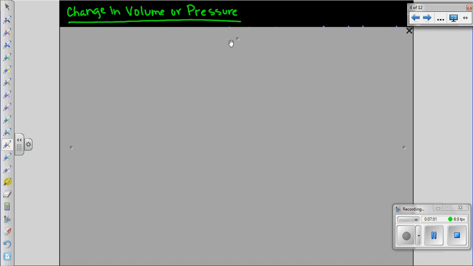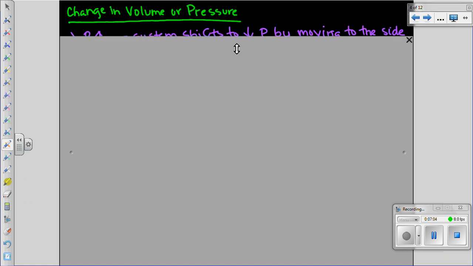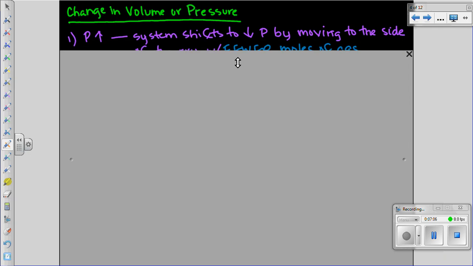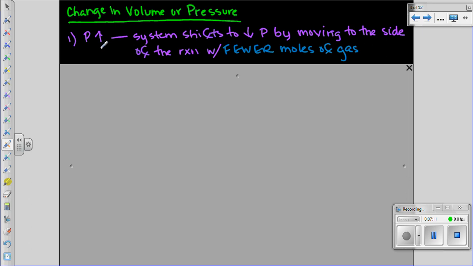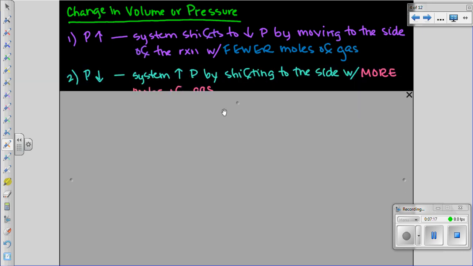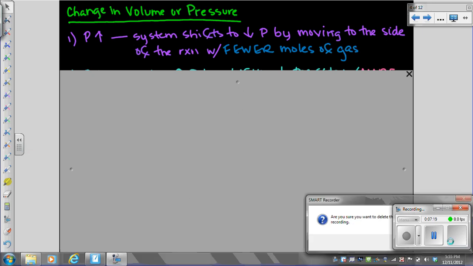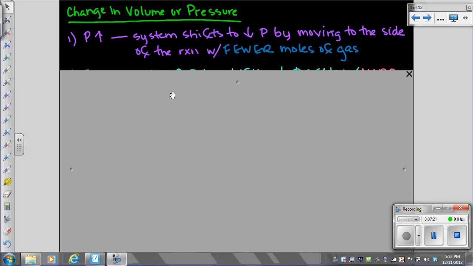Okay, change in volume or pressure. That's our second kind of stress, so this is going to be a little bit different. If the pressure increases, the system shifts to decrease pressure, and it's going to do that by shifting to the side of the reaction with fewer moles of gas.